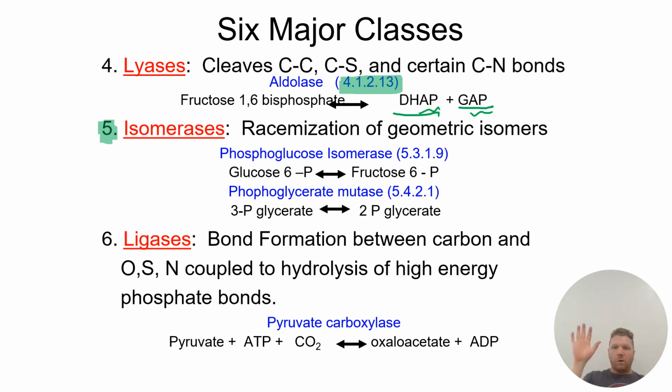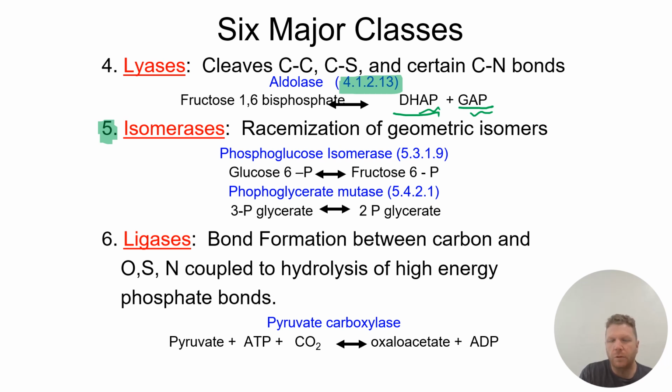It's going to take one form of the molecule and make an isomer of the same molecule. It's just going to rearrange bonds. We're not breaking anything permanently, and we're not gaining or losing any atoms. If there is a break or a gain or loss, it's not going to be a net gain or loss.